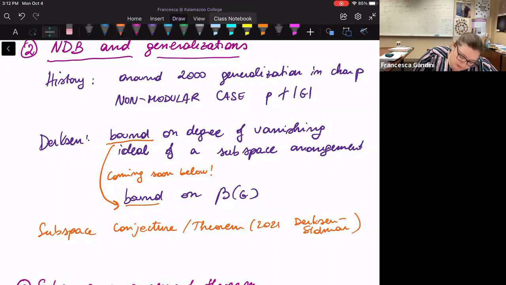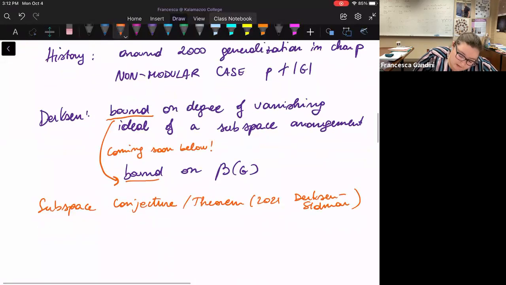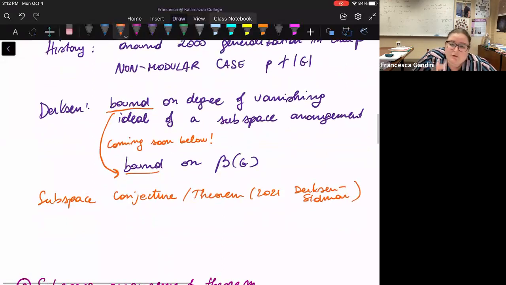So the original conjecture by Derksen was in terms of the degree of the generators, but then Strumpfel suggested to do the conjecture in terms of the regularity.